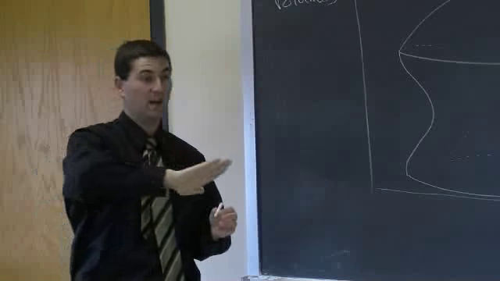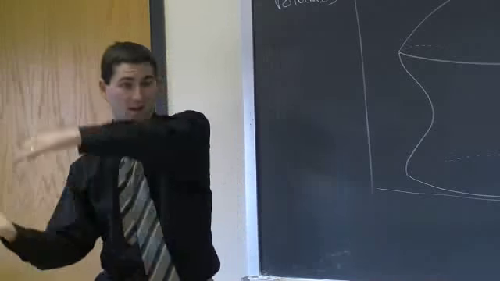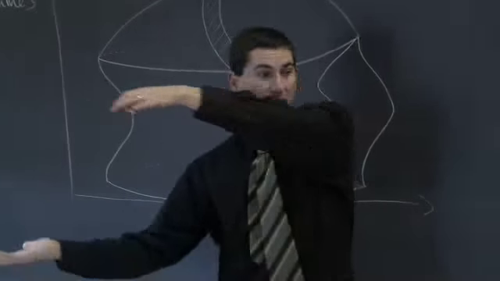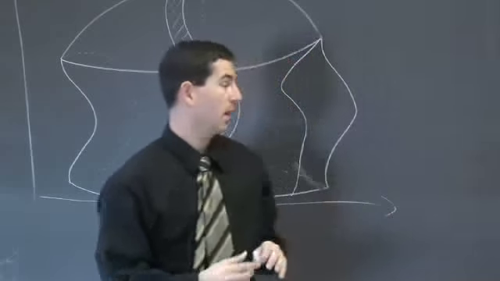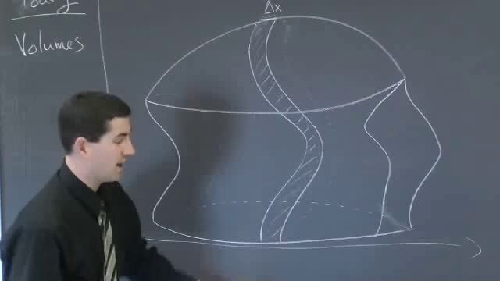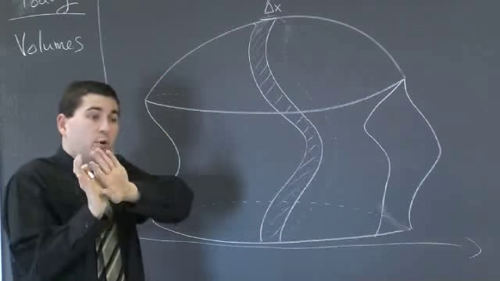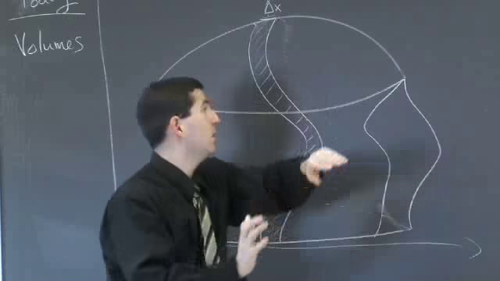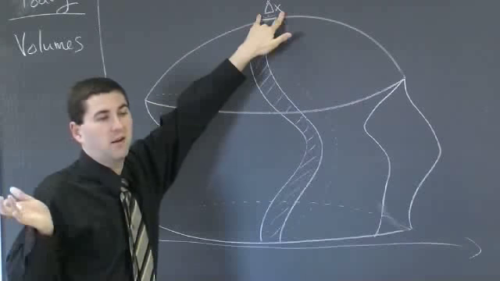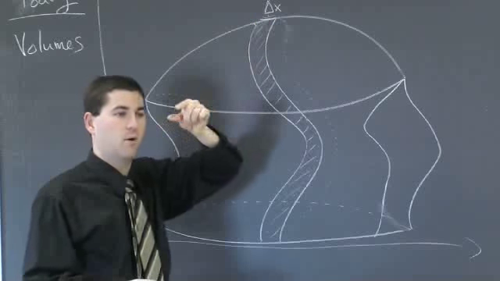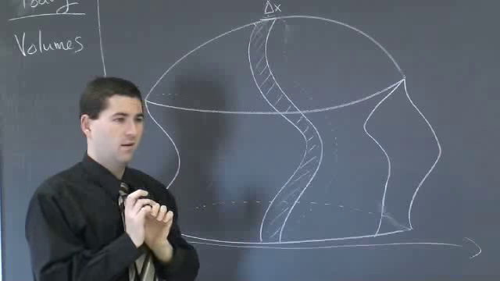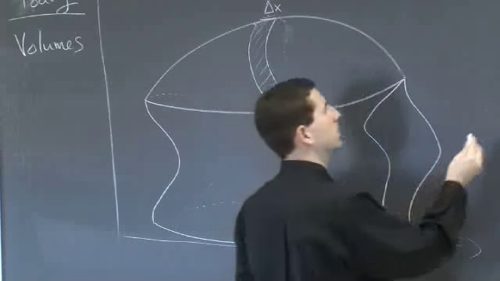Imagine that, except the trail never disappears here. Whatever it went through, you get that whole thing. We're doing the same thing here. I take a cross section, just a flat region, and now I push it through space a little bit. How little a bit? Well, delta x, whatever my delta x is, some small bit.